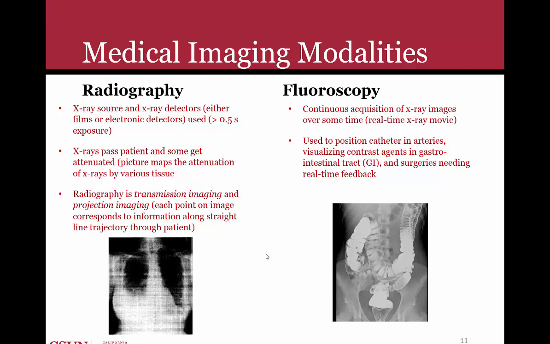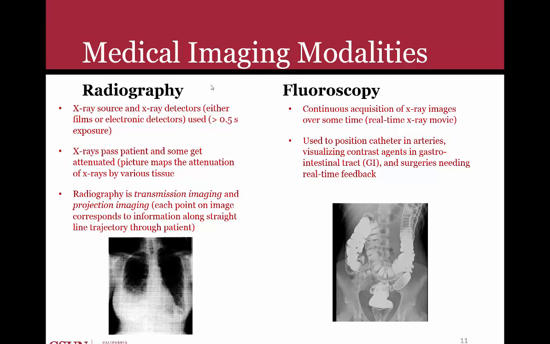Okay, there's also fluoroscopy. This is under the umbrella of what's called nuclear medical imaging. This is similar: you are using a radiation or radioactive source. It could be X-rays, it could be gamma rays. But the difference here is that you're using a chemical that you can inject into the patient to enhance an X-ray.